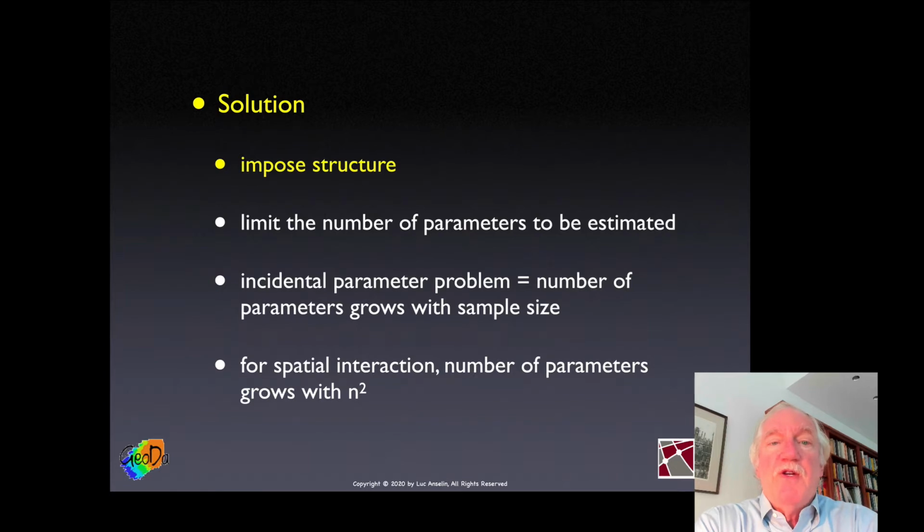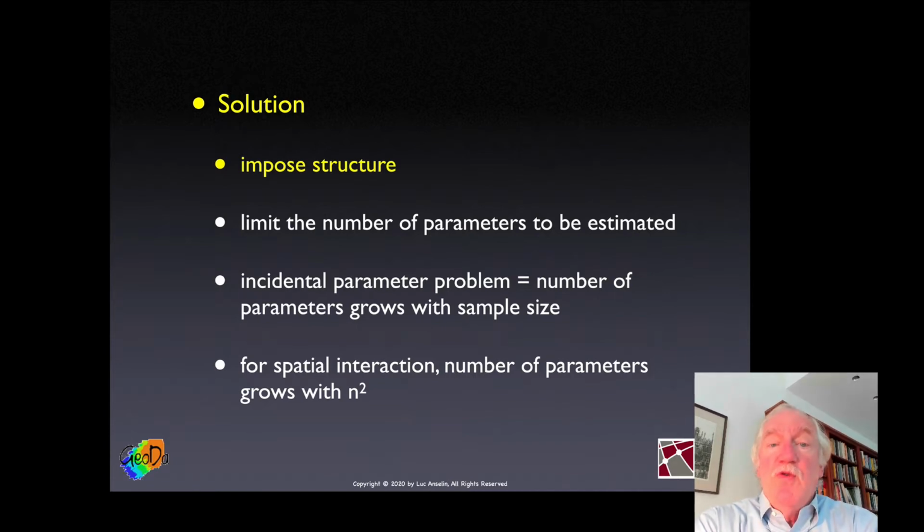Because the modeling of interactions suffers from what is called the incidental parameter problem. And the incidental parameter problem is a classic problem in statistics and econometrics, where the number of parameters that you need to estimate increases with the sample size. Some of you who may have had econometrics know about heteroscedasticity, which is where the variance of the error term is different for each observation.